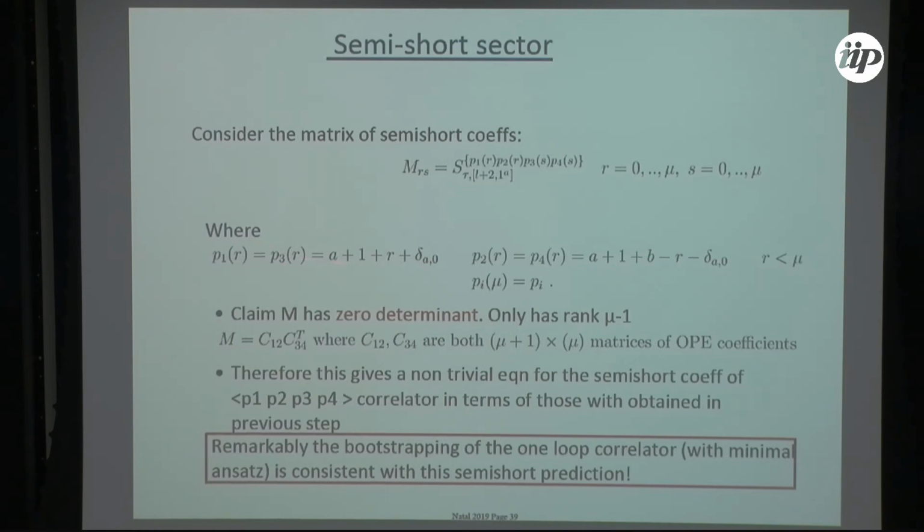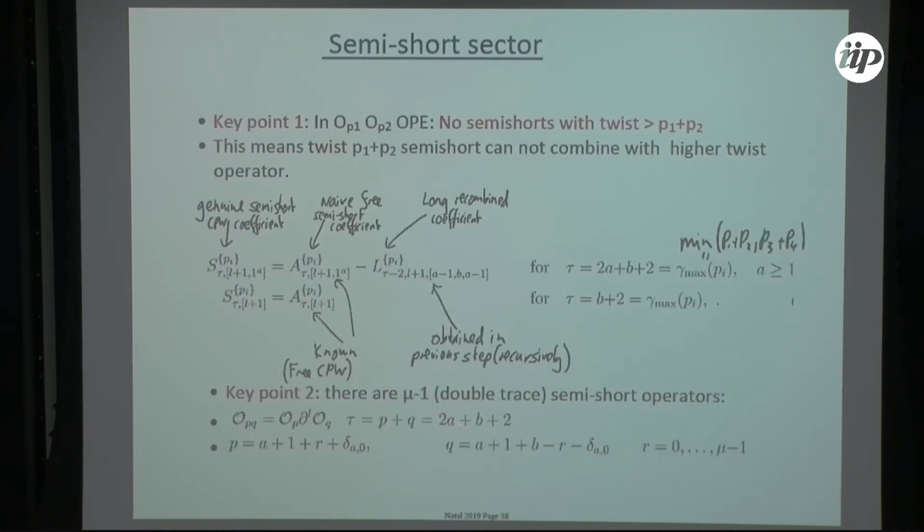These are the components of the matrix. But the main point is that almost all of these correlation functions satisfy that P1R plus P2R, so that plus that, is equal to 2A plus B plus 2. So basically, we're in the situation we had before.